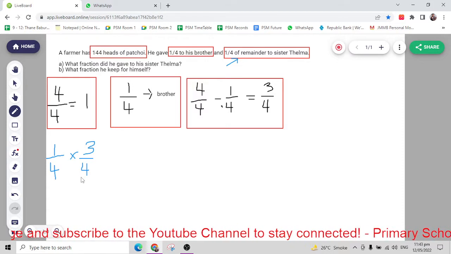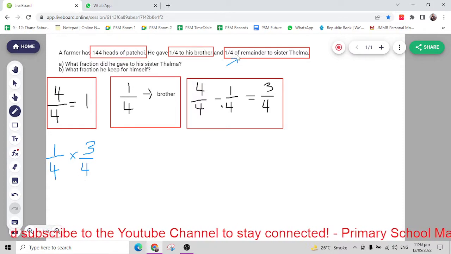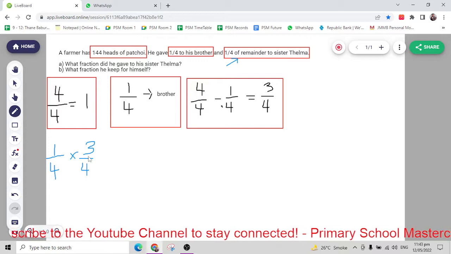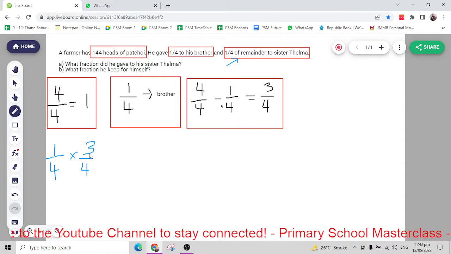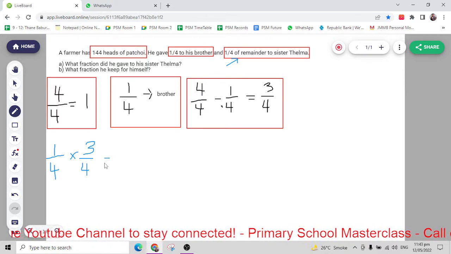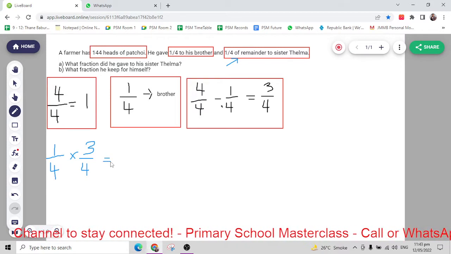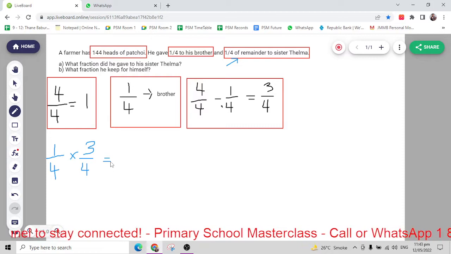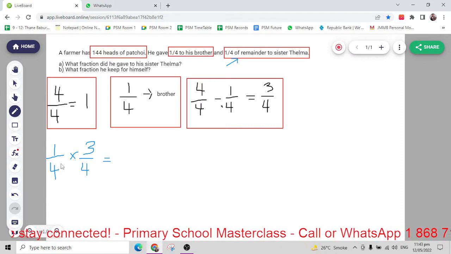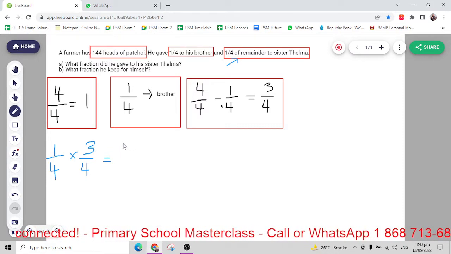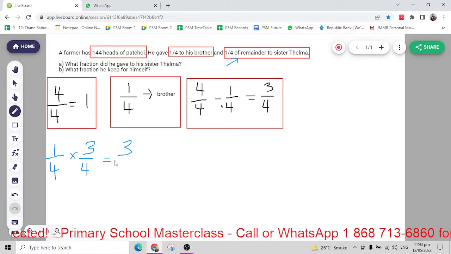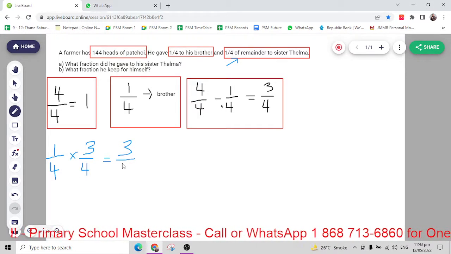The farmer is taking 1/4 of the remainder to Sister Thelma. So therefore, let's find out what fraction was given to Sister Thelma, which would be part A of the question. So we have 1 multiplied by 3 is 3. Then we have 4 multiplied by 4 is 16.